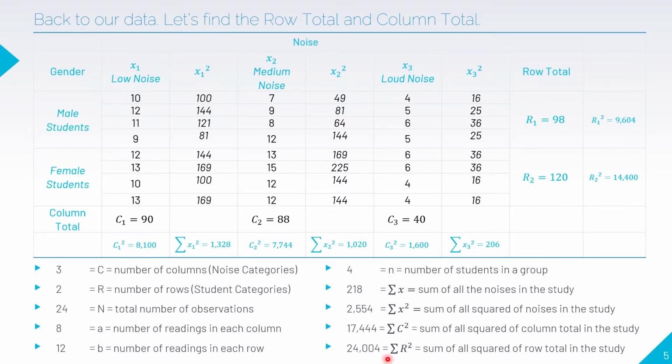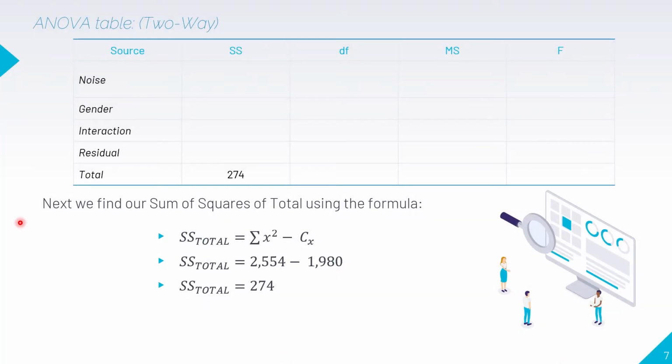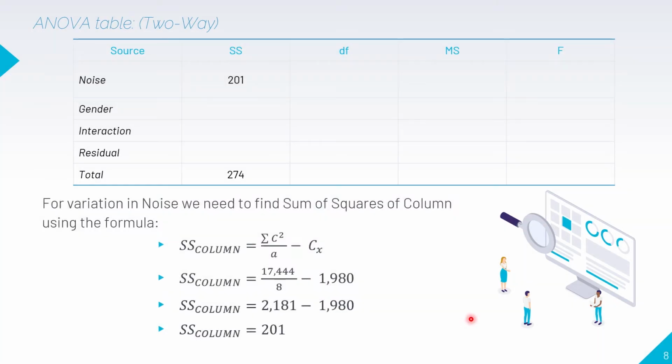We're finding our column total, because our column total is about our noise, the variation of noise. So that's why we have this formula. 17,444 divided by 8 minus 1,980. So we have 2,181 minus 1,980, and our SS column is 201.